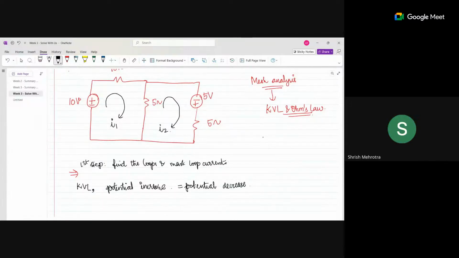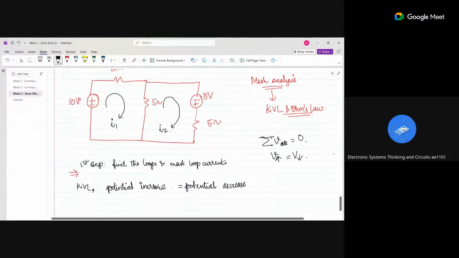So I will put voltage increases on one side and voltage drops on the other side of my equation. Loop 1.